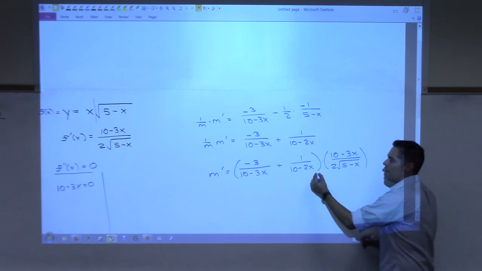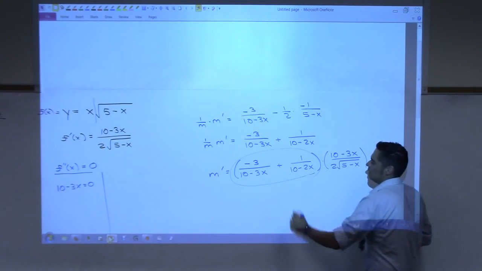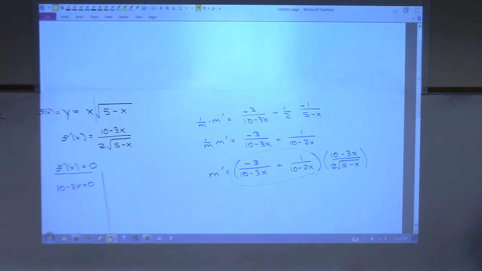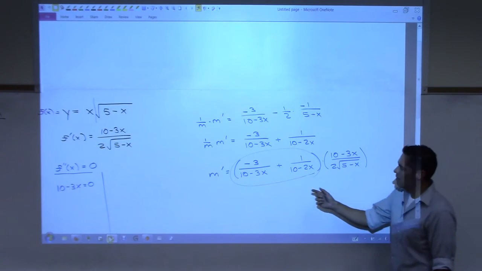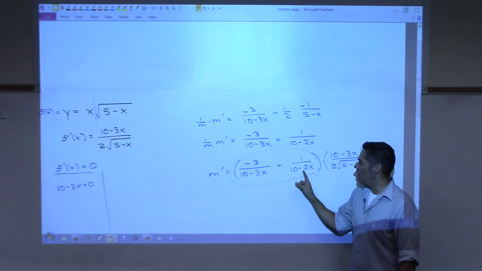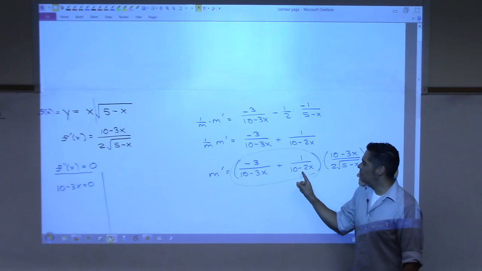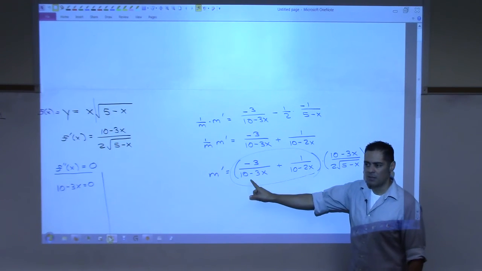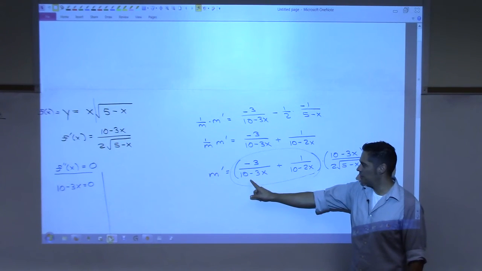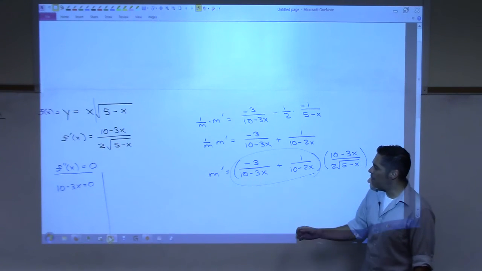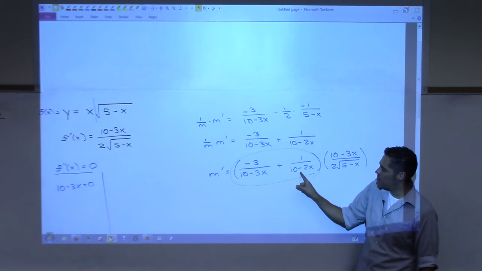Now, when would this thing be 0? Well, you might want to put it over an LCD. You're going to have to get a common denominator there. So you multiply the top and bottom of this one by that, and the top and bottom of this one by that, to put those together. So what would happen if I multiply negative 3 times this?